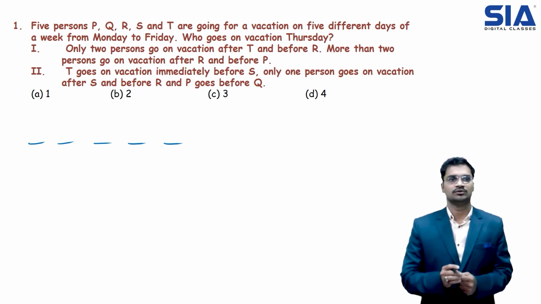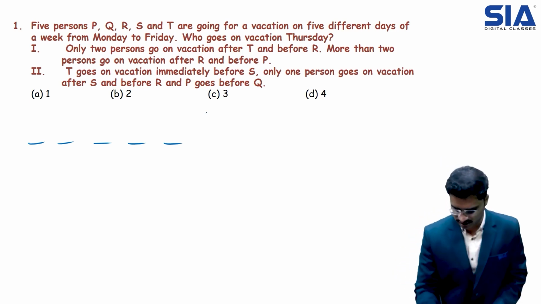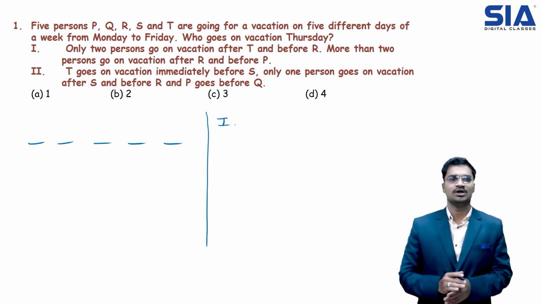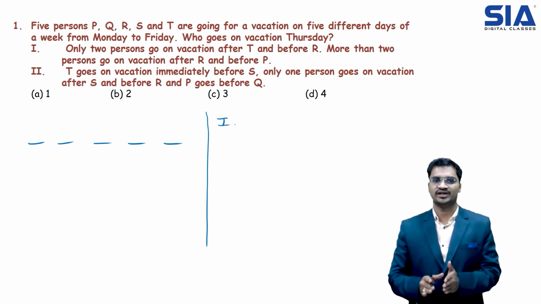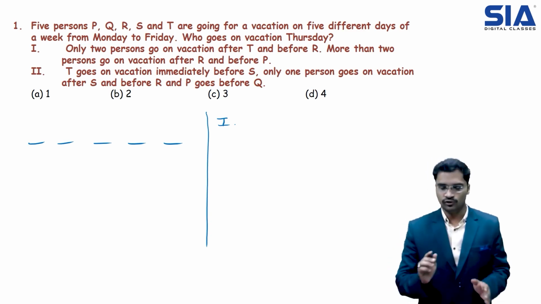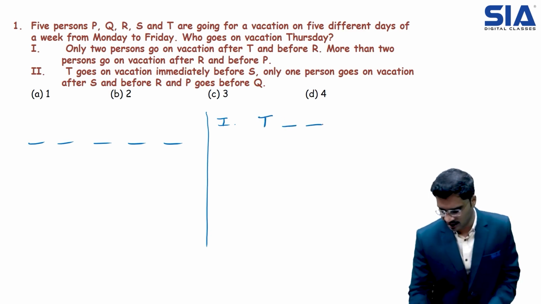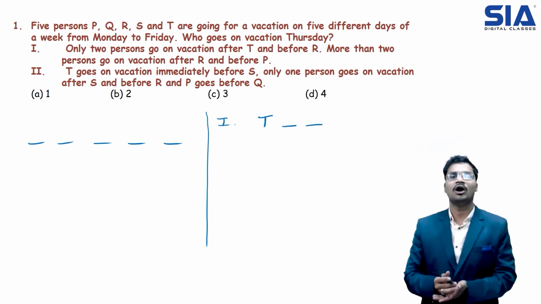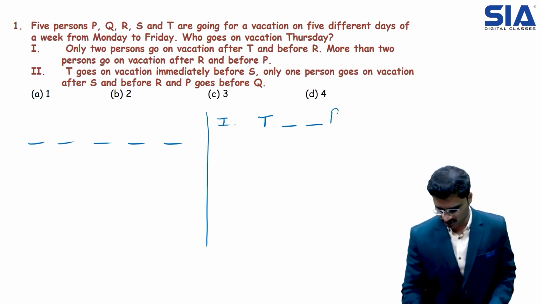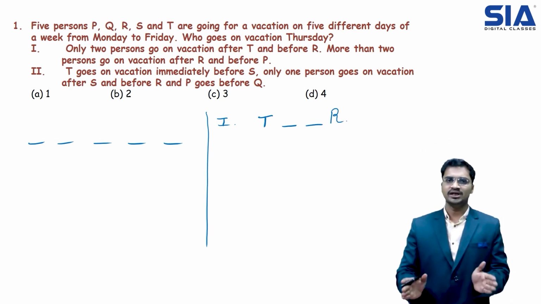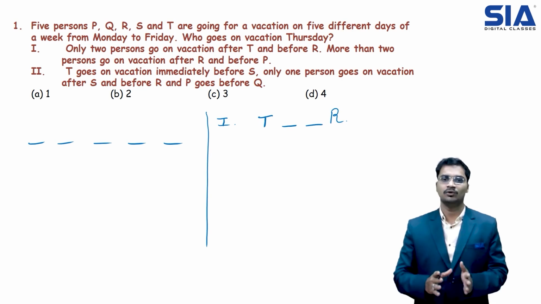Now let us analyze the first statement given here. The first statement says only 2 persons go on vacation after T and before R. So in between T and R, there are 2 people going on vacation.